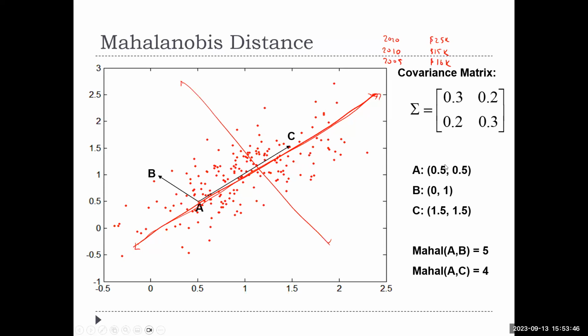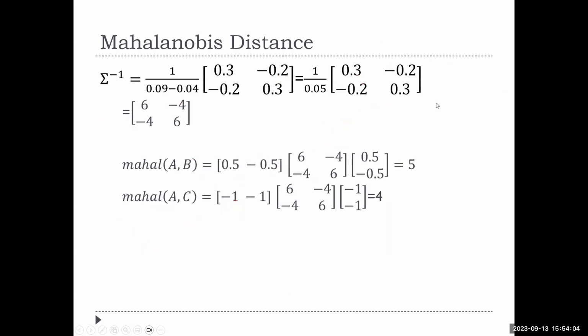When we do this, B should be close to A by just looking at these values, since 0.1 is close to 0.5. But if you look at Mahalanobis distance, C is closer to A. So it uses this one. To see the computation, first you need to compute the inverse of this covariance matrix. This is what we get when you compute the inverse.